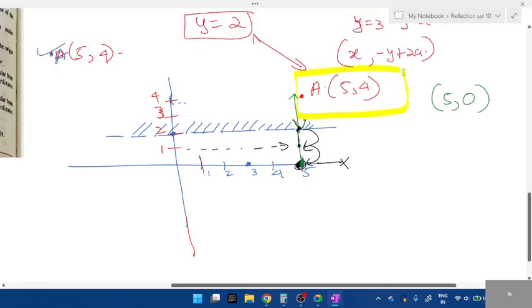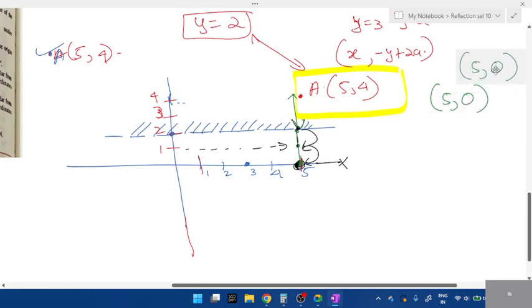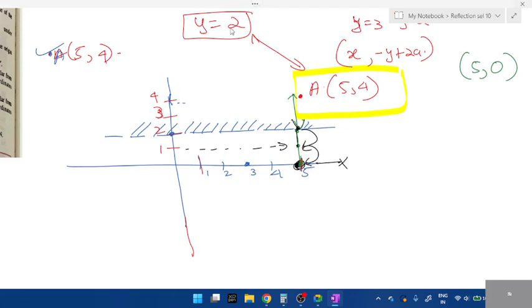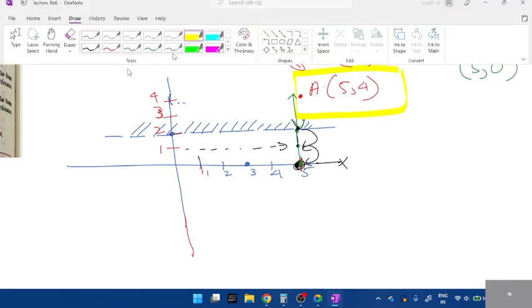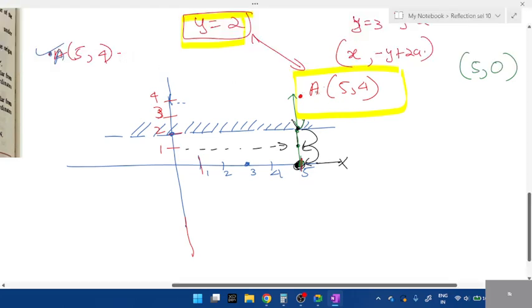Fine. So now, see, this is the actual image. 5 comma 0, we'll keep it aside. And there's an extra value given for y. All of you will observe here, actual point is 5 comma 4, extra value is given for y. Whatever extra value is given for y, take it as a. Fine. Now which one has extra value, x or y?